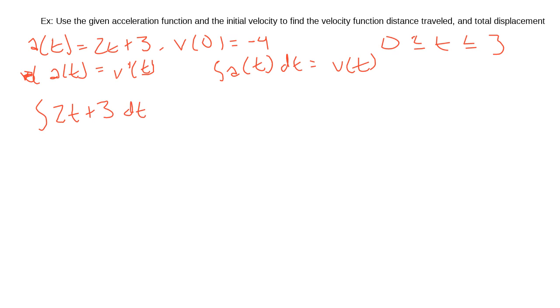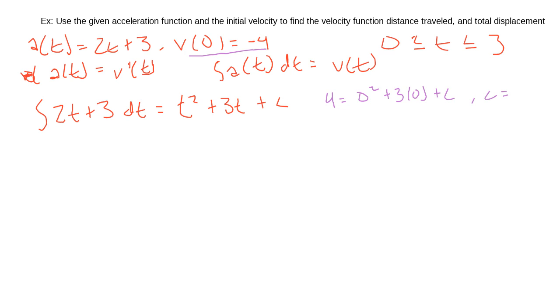dt. If we do this, these are just simple power rules, so that's going to get us t squared plus 3t plus c. And we also know that our v of 0 is equal to -4, so we can say that -4 is equal to 0 squared plus 3 times 0 plus c.